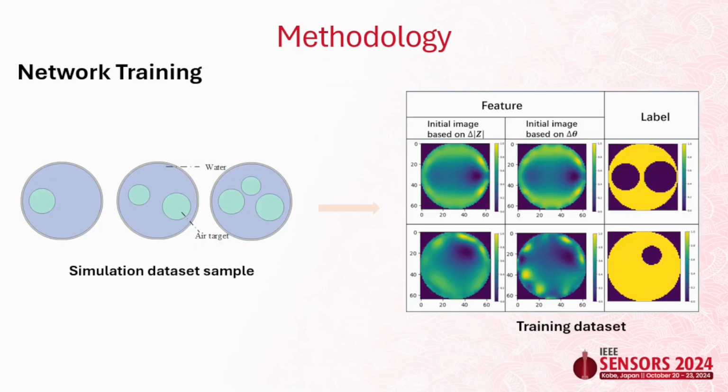For the network training, the data is collected from practical experiments, simply with 1, 2, or 3 plastic bars in the water, and we also do that in simulation. Based on a COMSOL model, we can generate a lot of random sizes and random positions of these plastic bars. This data will be used in our training process.